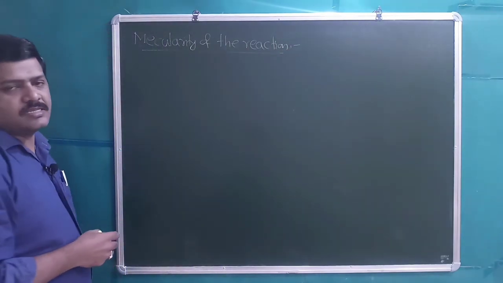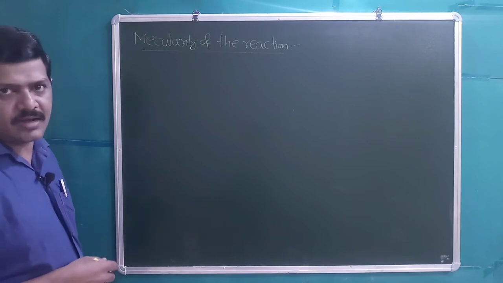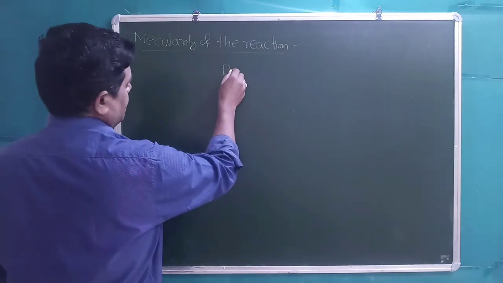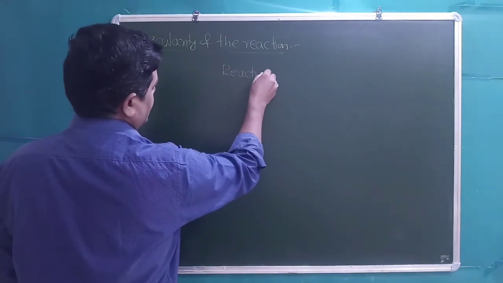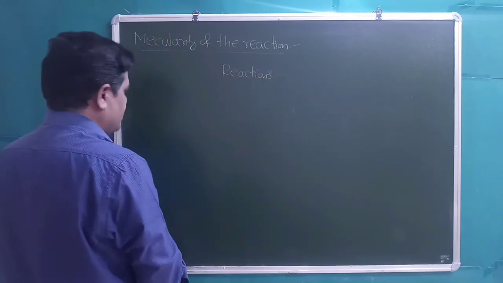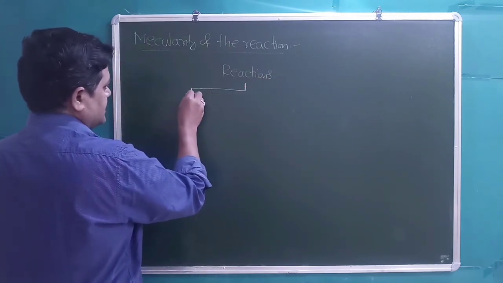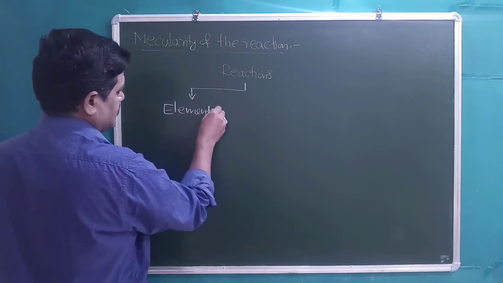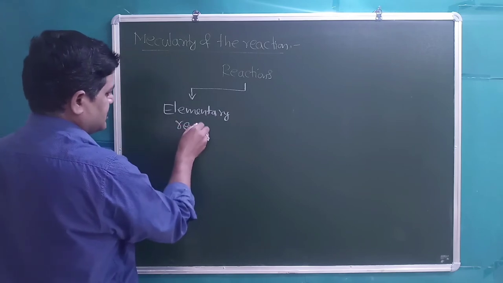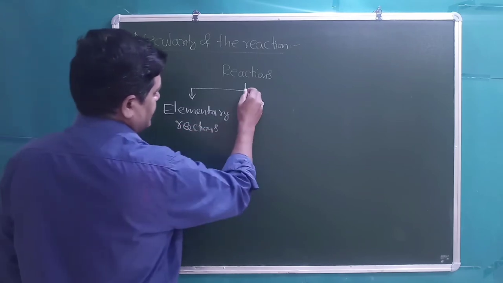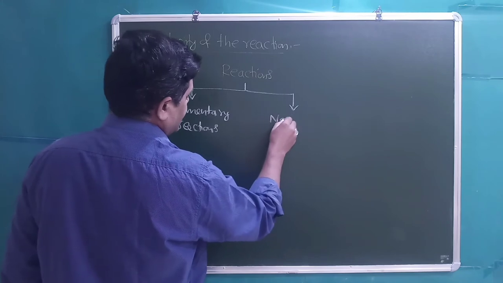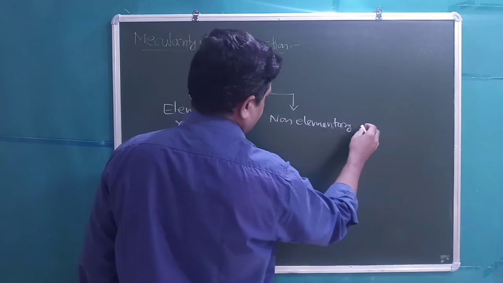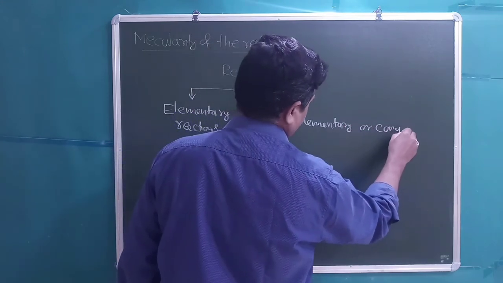Students, reactions based on the number of steps they are occurring can be classified into two types. That is elementary reactions. The other type is called non-elementary reactions, also called complex reactions.